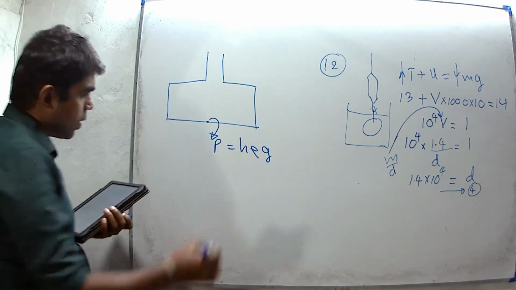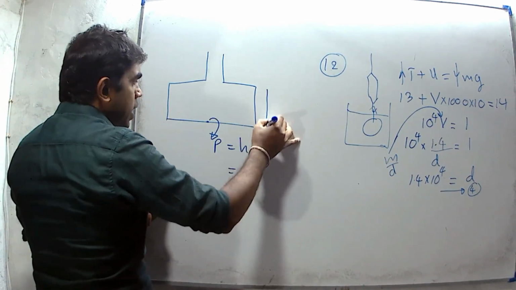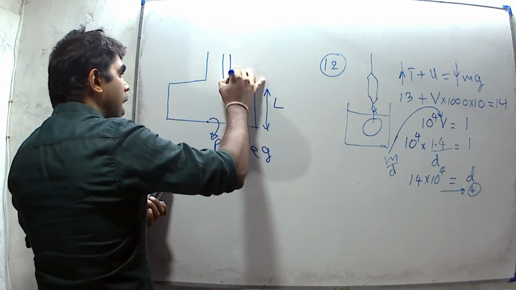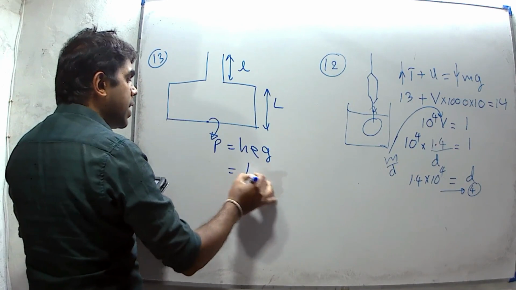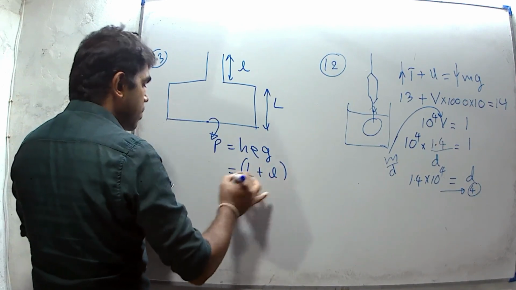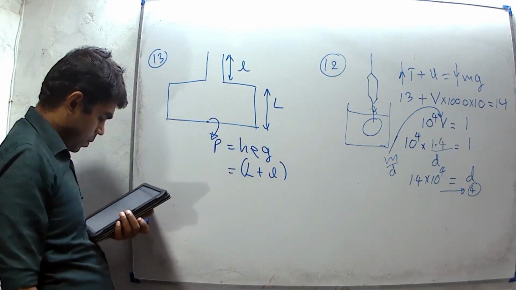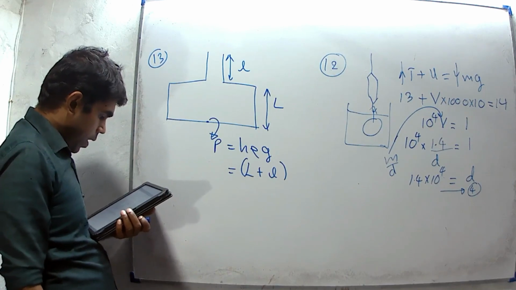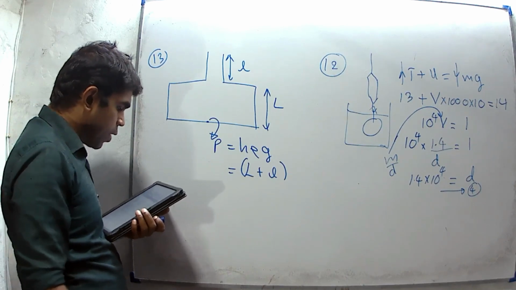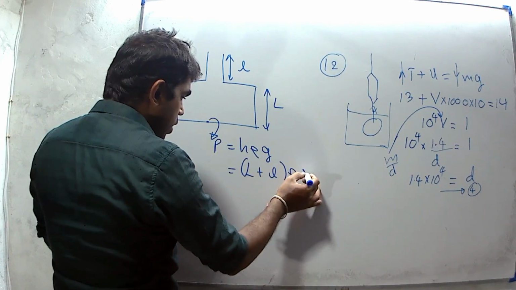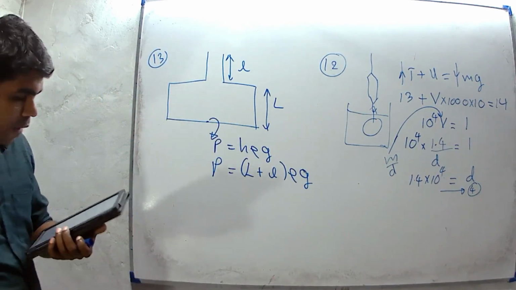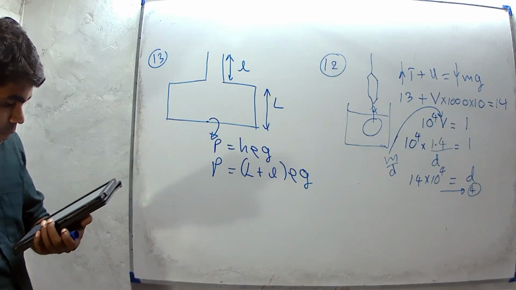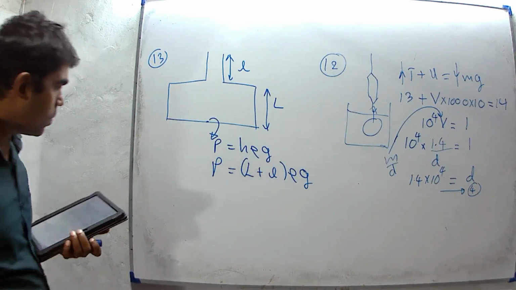This height is given as L, and this height is simply L. Then total height L plus L. Density of the liquid rho, g. This is the pressure at the bottom. We have to find the force acting on the bottom.